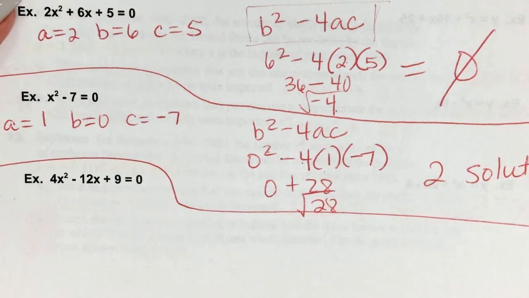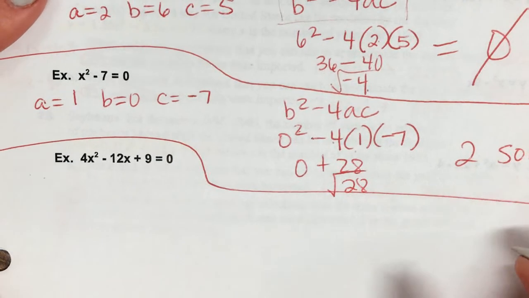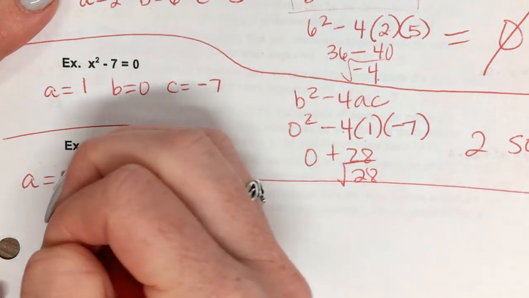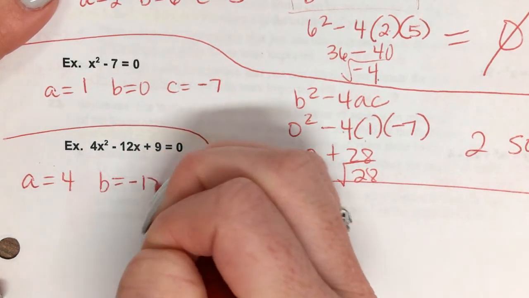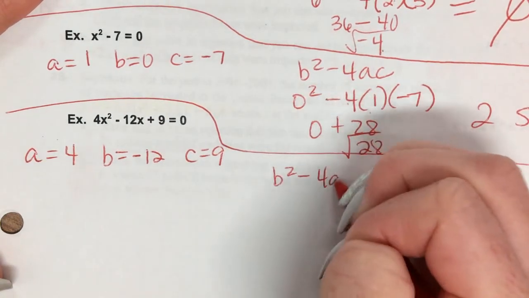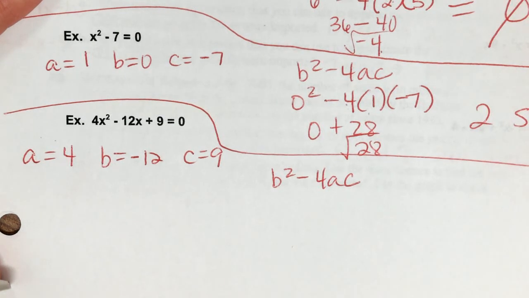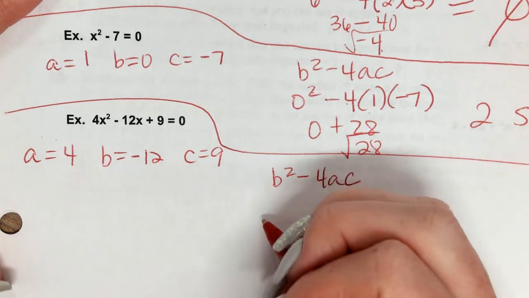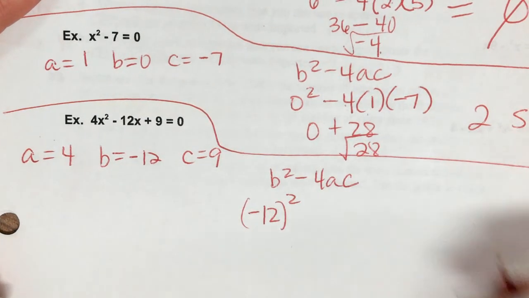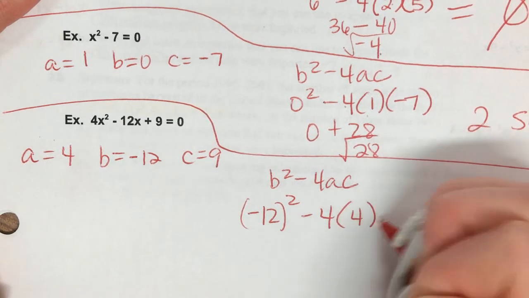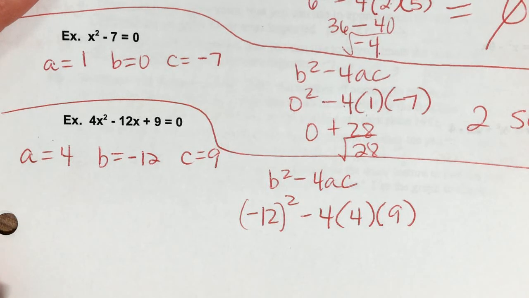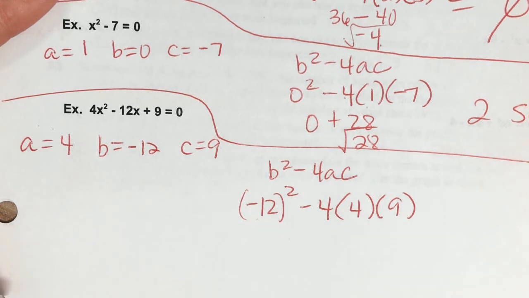We're going to do a few more. All right. What's my A? What's my B? What's my C? All right, so I'm checking b squared minus 4ac. So negative 12 squared. Anytime you put that in your calculator, it needs to be in parentheses. Minus 4 times 4 times 9. What's negative 12 times negative 12?